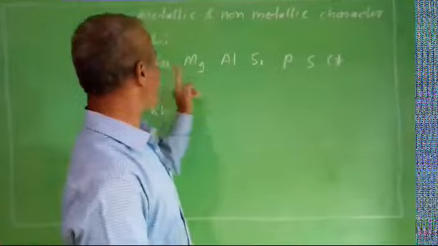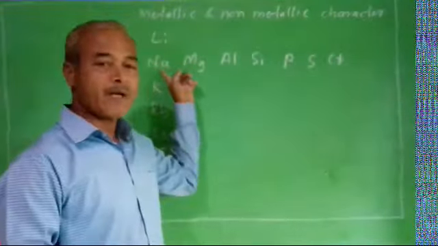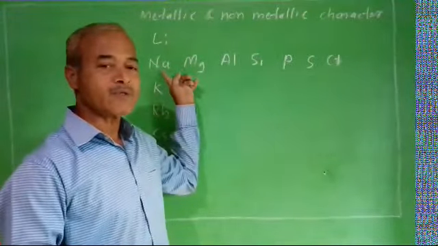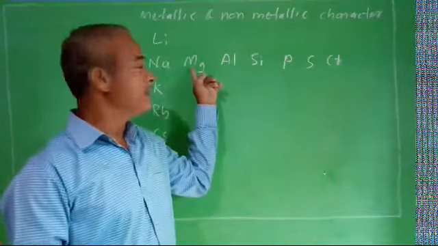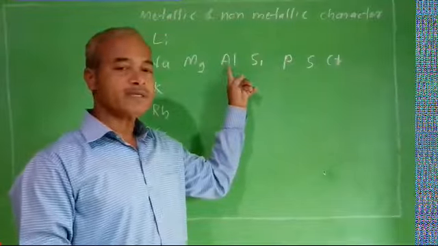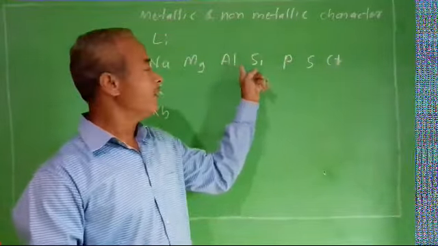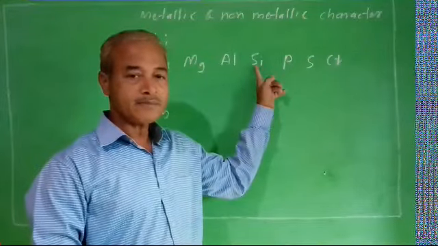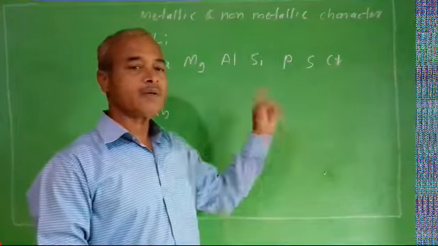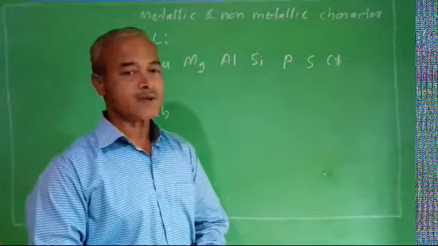So as we can see, sodium is most metallic, most electropositive. Magnesium is a little less metallic. Aluminium is still less metallic. We know silicon is a metalloid, shows properties of metals as well as non-metal.